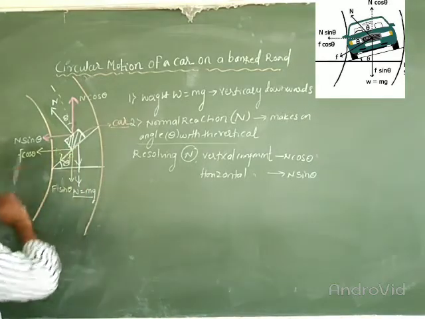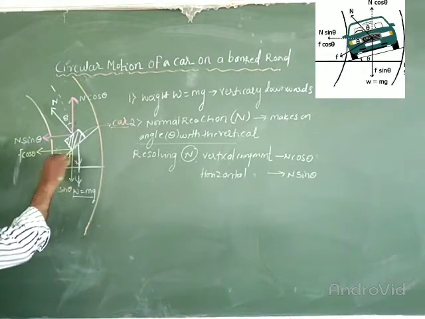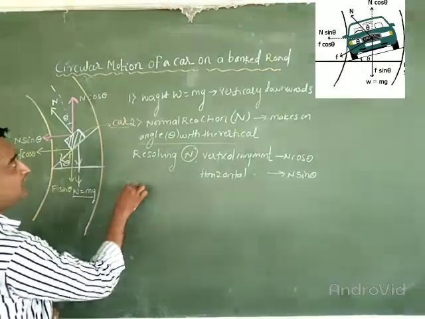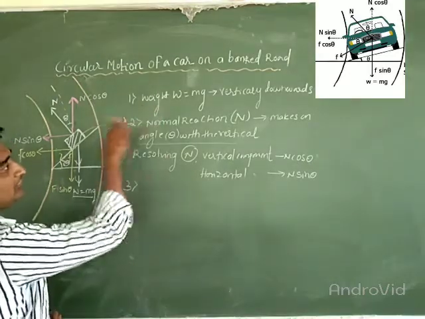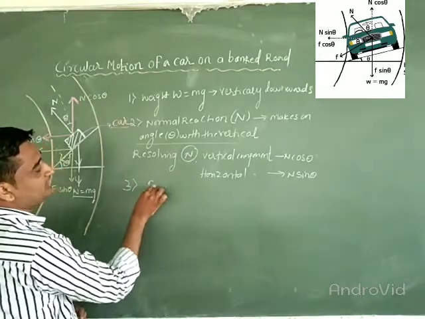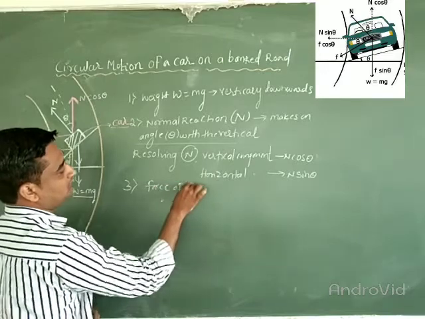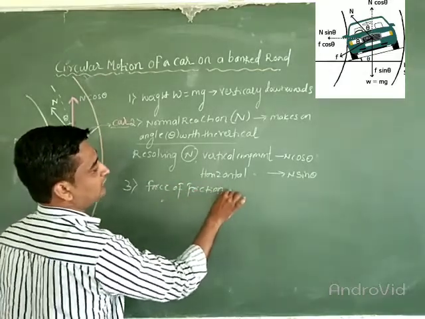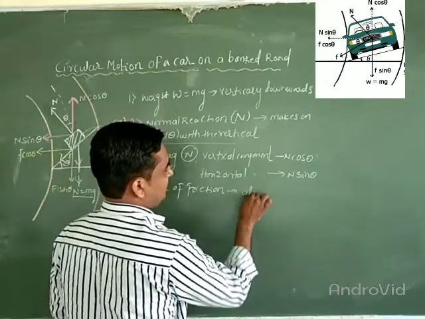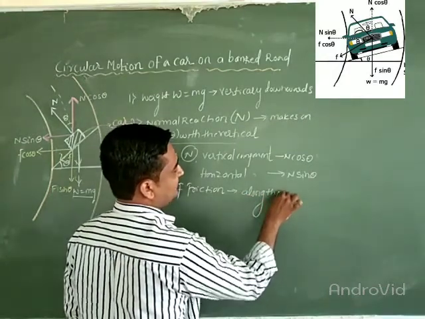First is the weight of the car, second is the normal reaction, and third is the force of friction, acting downwards along the inclined plane.